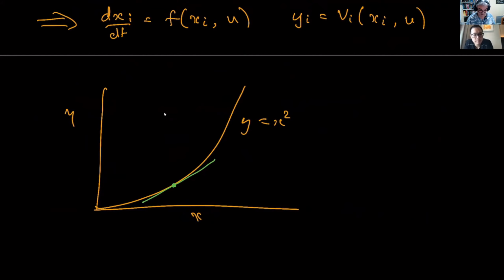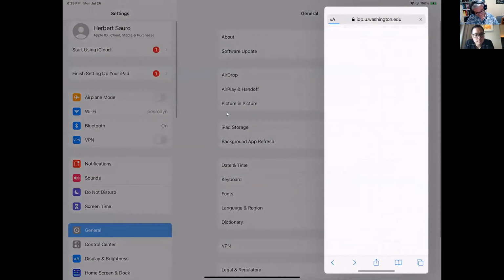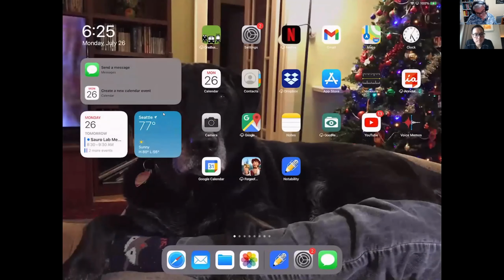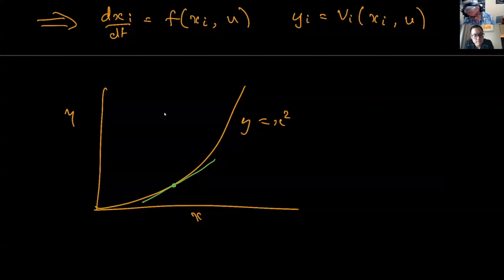I could linearize somewhere else and I would get a different tangent. So linearization is a point-specific operation. When you linearize at one point, it doesn't apply to the whole thing, only to that particular place. In general, in our models we always linearize around the steady state.